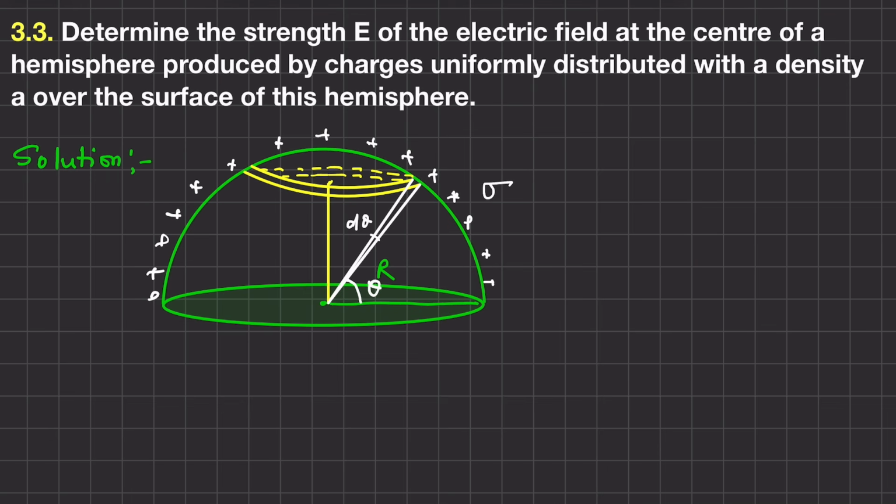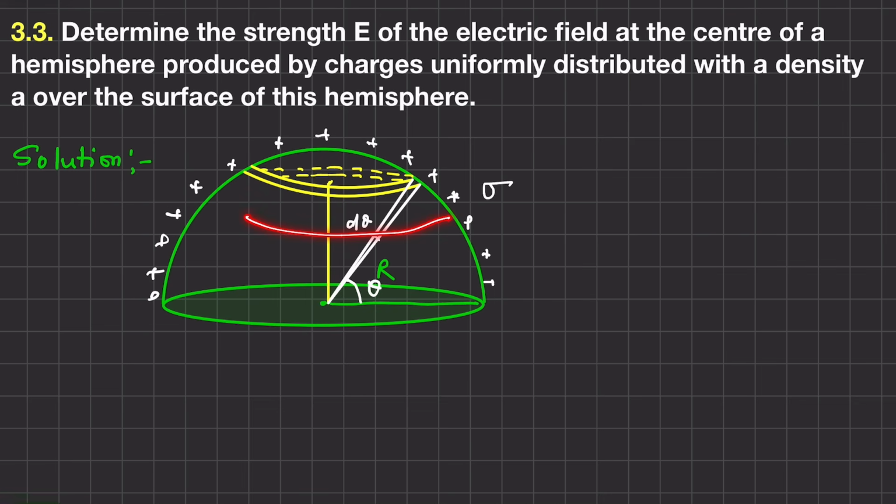So now if you see guys, this ring element, we know how to calculate the electric field from a ring. If you take a ring element and want to calculate the electric field on its axis, the electric field will come along this direction only, which is along the axis, either inward or outward depending on the nature of the charge. So here because we are taking the positive charge, we know that the field due to this will be in this direction only.